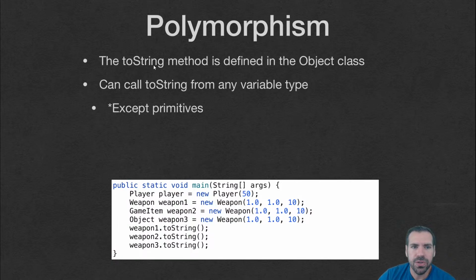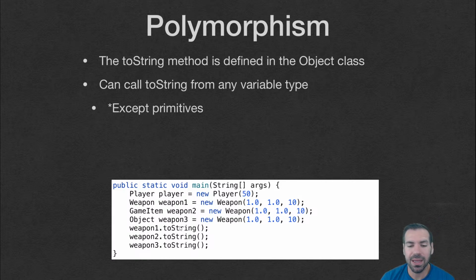All right, and toString, this is a method that's defined in the Object class, so we can call toString from anywhere. We could even call toString from type parameters. The variable type just doesn't matter. If we want to call toString, we're always calling toString. And all three of these calls, no matter what, are being called through variables, through objects of type Weapon.